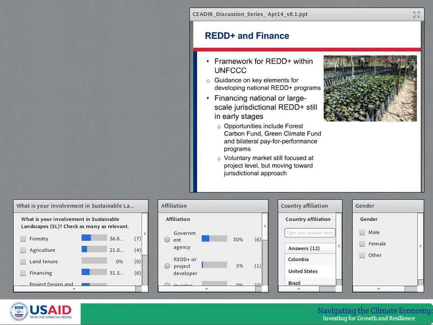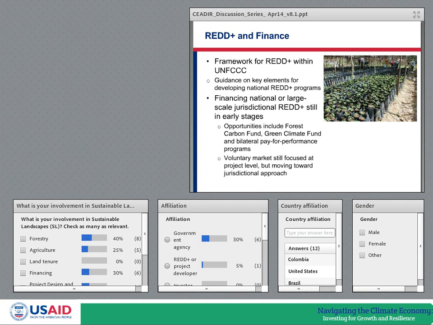To date, we have primarily focused on project level REDD+ activities, but there's an increasing trend toward what's called jurisdictional REDD+, where we're trying to work with a national or a subnational government for a whole program of REDD+ activities.